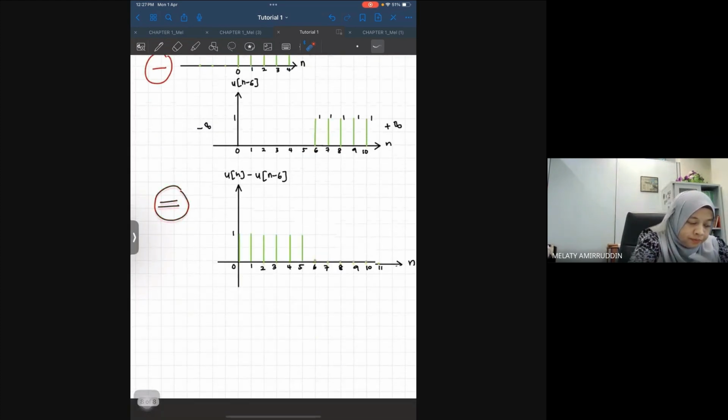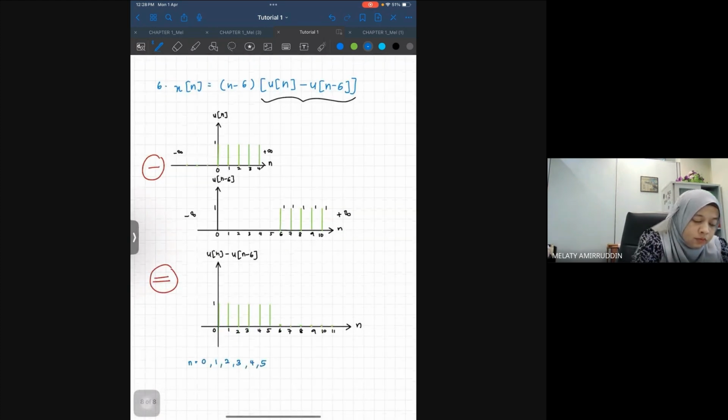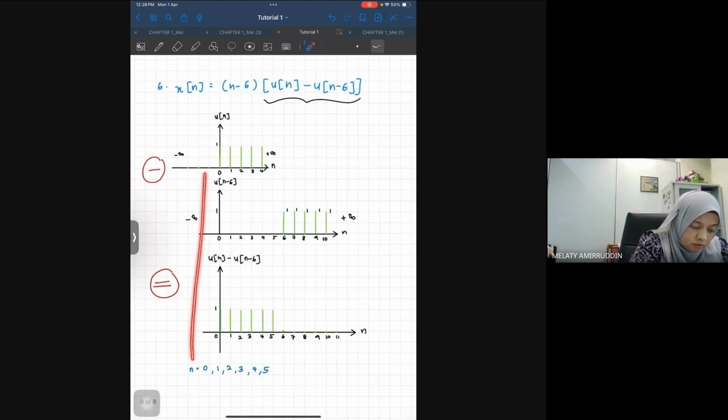So n is from 0, 1, 2, 3, 4, 5. The question asks you to find the amplitude of n minus 6. What if you substitute one by one? What happens if n equals 0 here? 0 minus 6, you will get negative 6. So the amplitude is negative 6 times 1, so you will get negative 6.